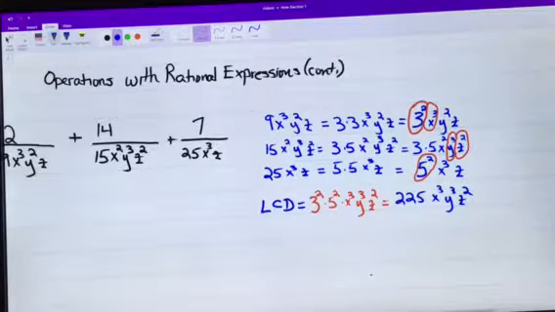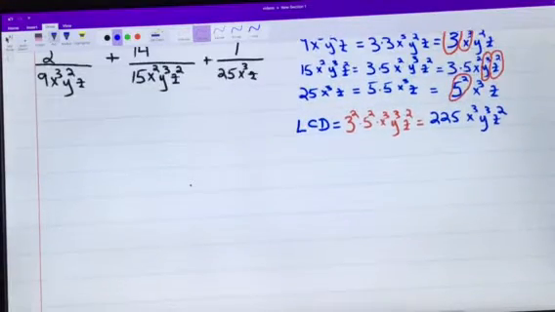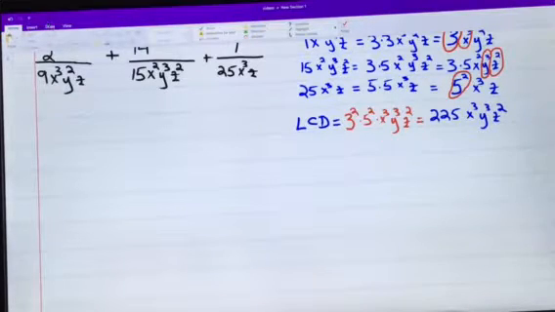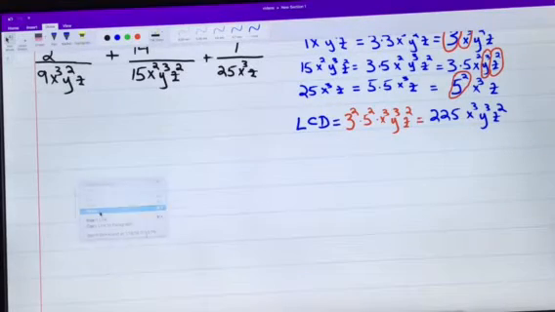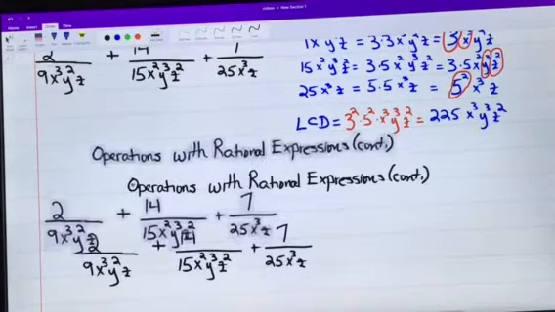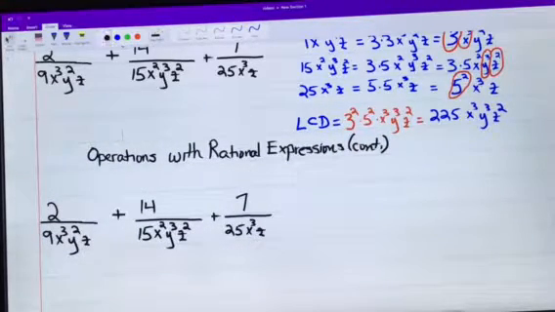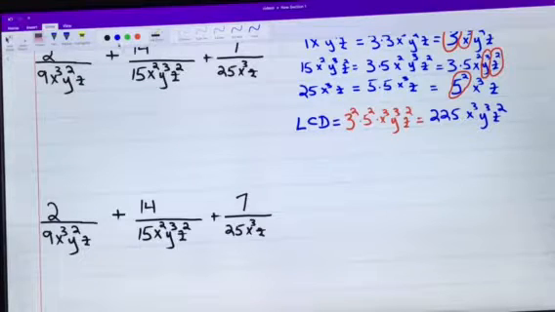Now, taking this particular trio, I rewrite each expression in terms of the least common denominator, 225 x cubed y cubed z squared.